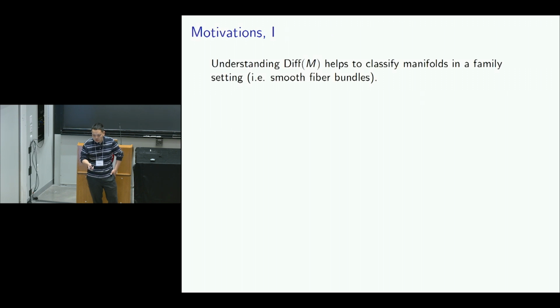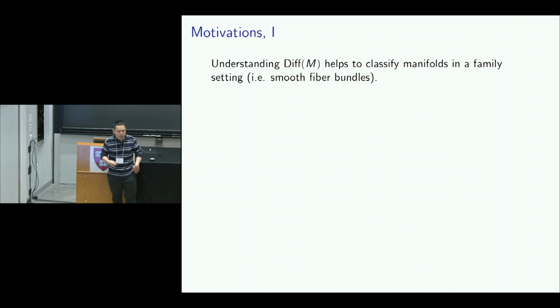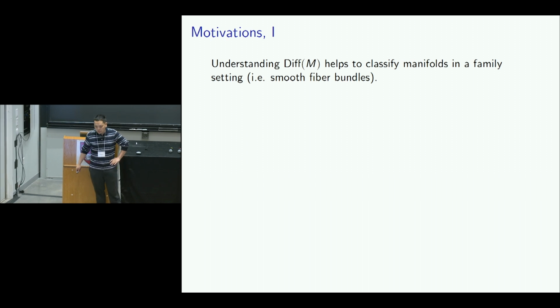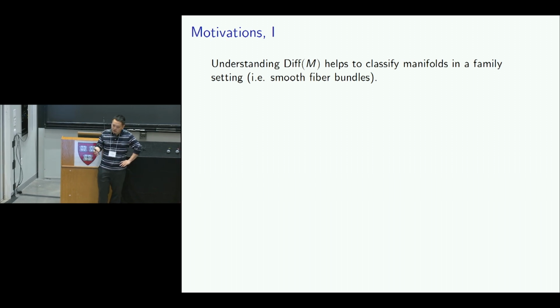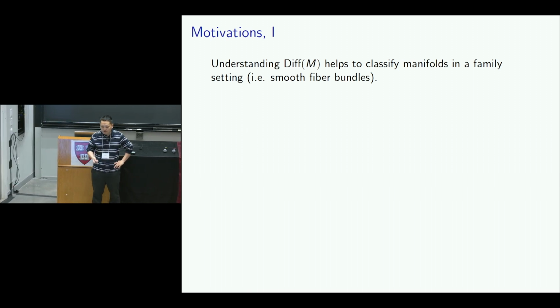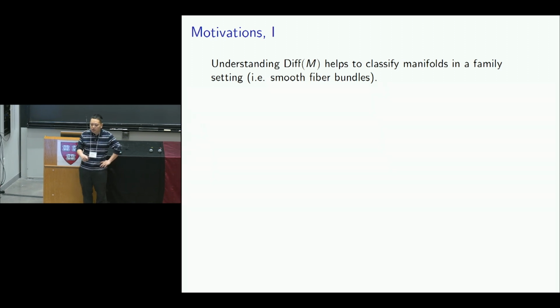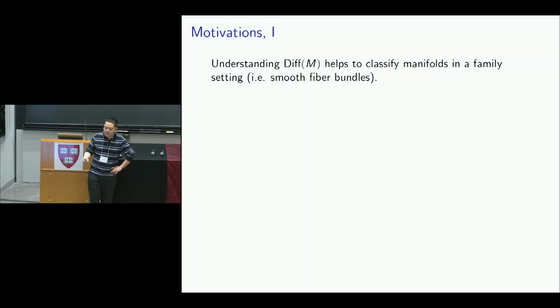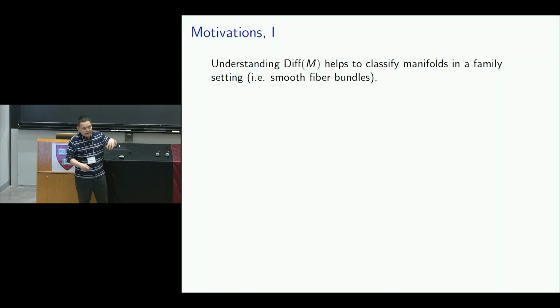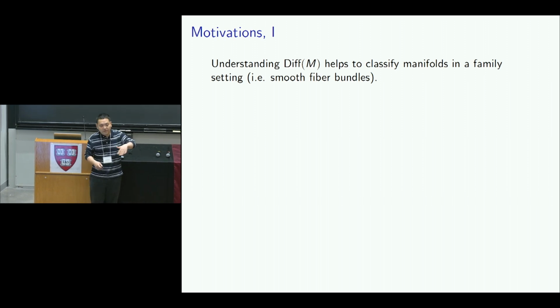Let me talk about some motivations to study this object, because you may ask, why do we care? There are several motivations. First, understanding the diffeomorphism group helps us to classify manifolds, not a single manifold, but manifolds in a family setting.